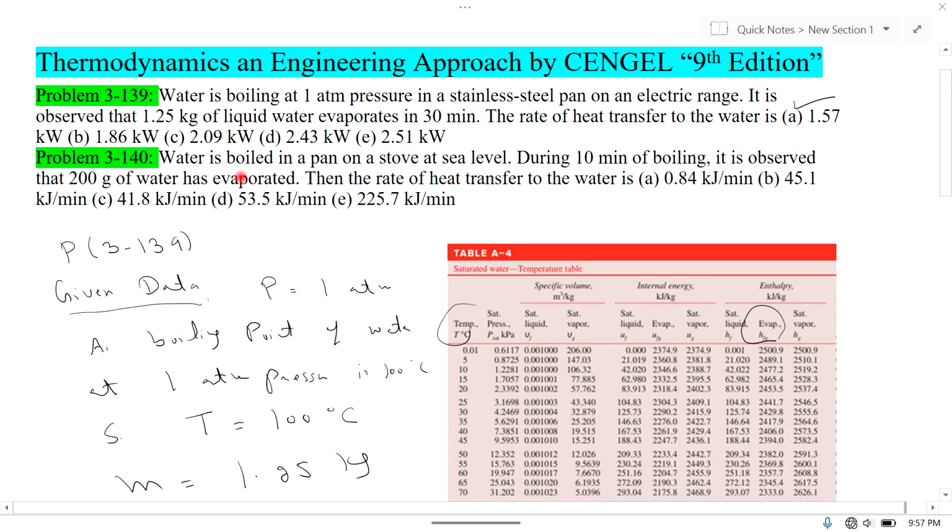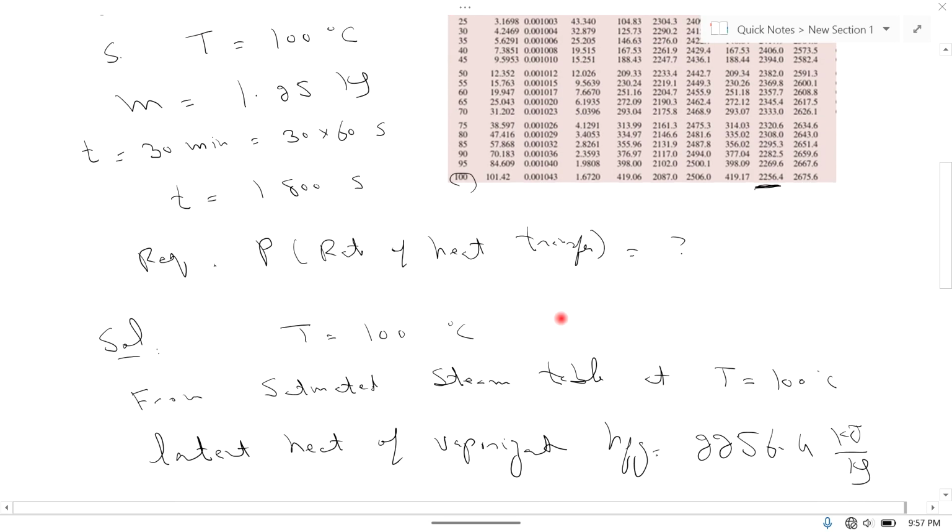It is clear water is boiled, so we will use the boiling point. In a pan on a stove at sea level, pressure is 1 atm, and at 1 atm boiling point is 100 degrees centigrade. During 10 minutes of boiling, it is observed that 200 gram of water is evaporated.